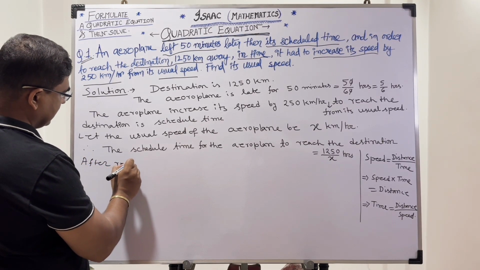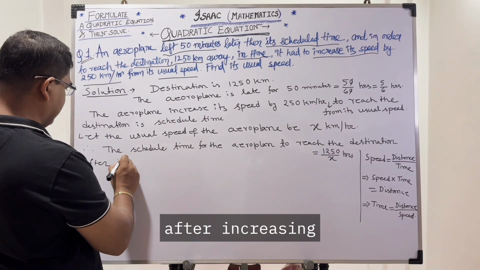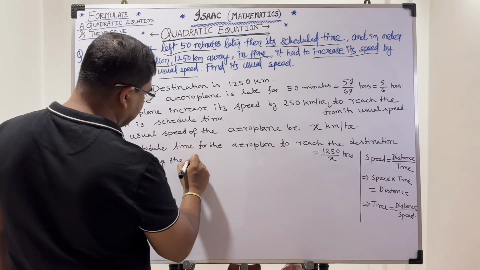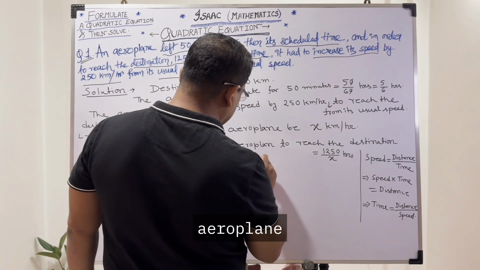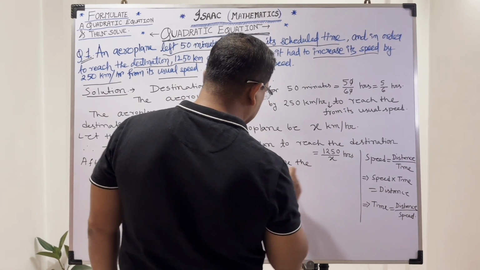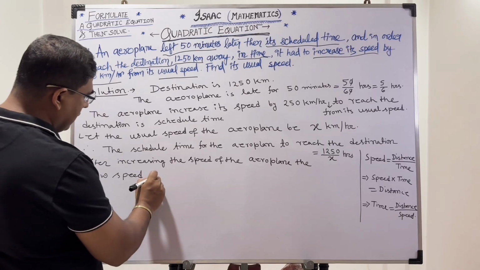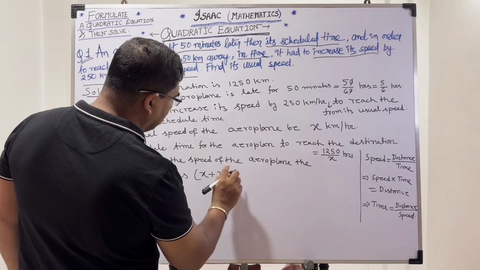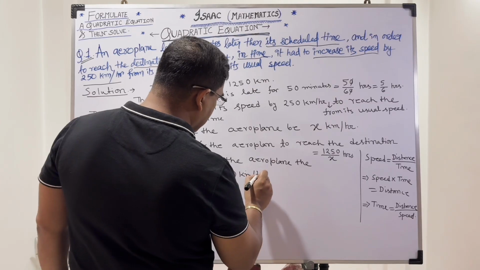After increasing the speed of the aeroplane, the new speed becomes x plus 250 kilometer per hour.